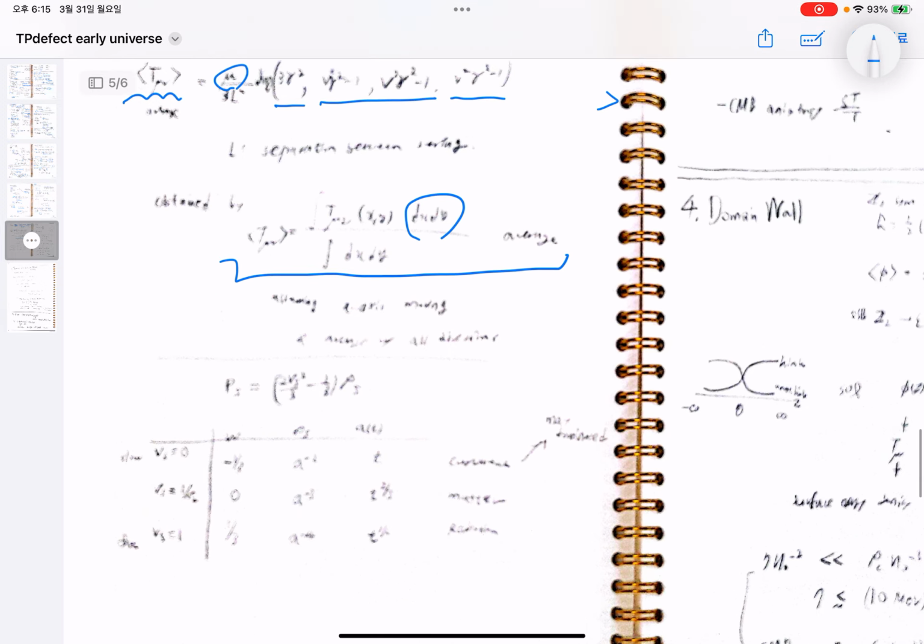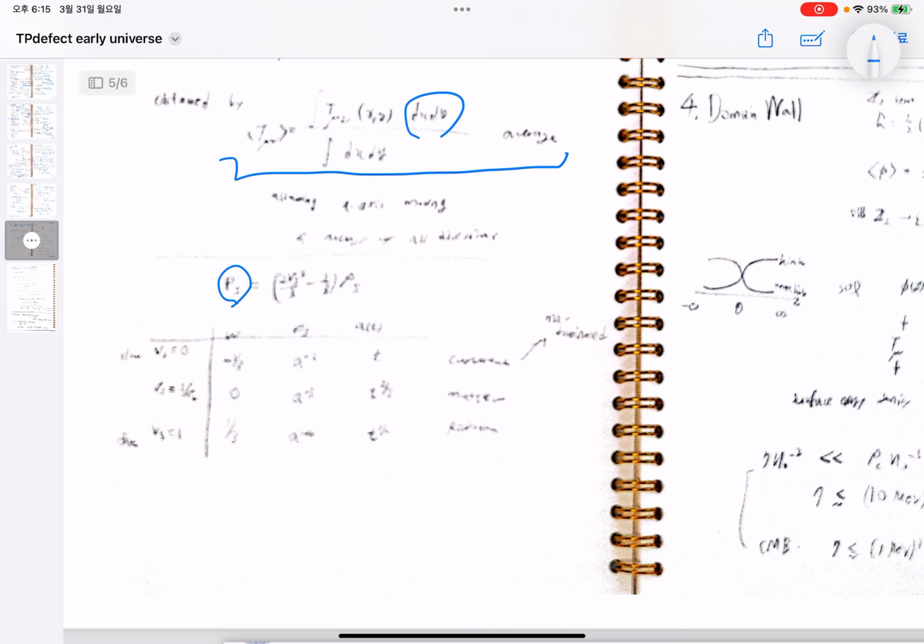And the relation between the pressure of the string and the energy of the string is given by functions of the string velocity. So if the string velocity is very slow, Vs equal to 0, in units of the speed of light, then the equation of state is minus 1/3, and the energy density goes as H to the minus 2.